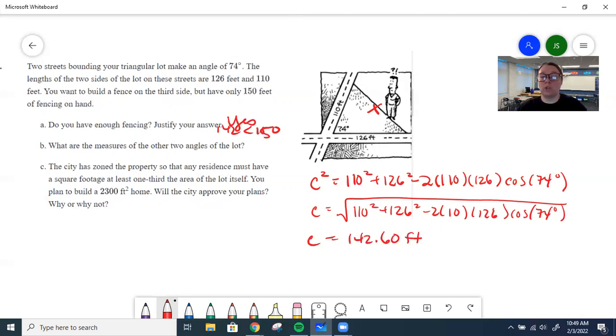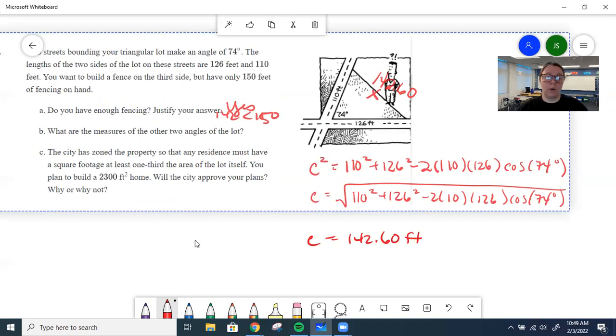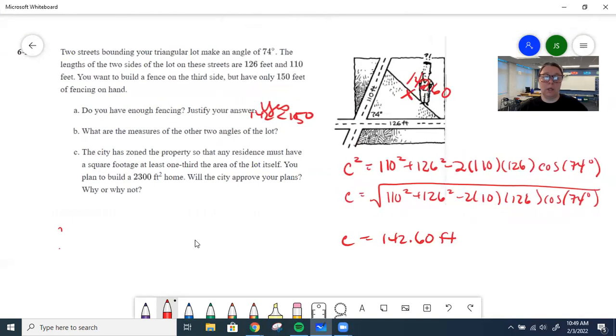What are the measures of the other two angles? Now that I know this side is 142.60, we could set up a law of sines, get one angle, subtract from 180, and get the other angle. So sine of 74 over 142.60 equals the sine of A over 110.